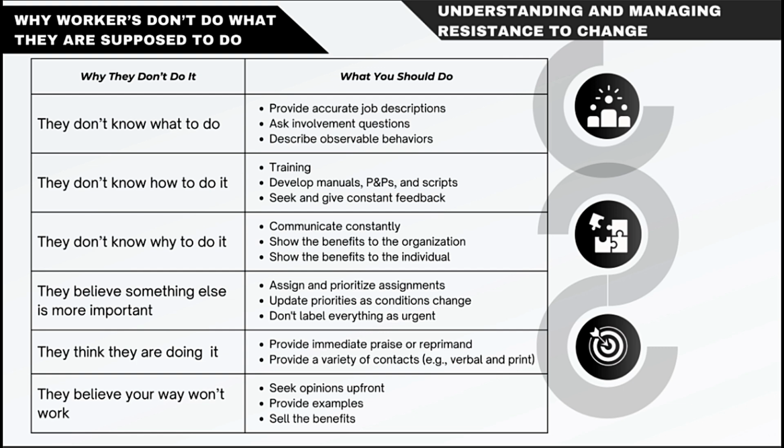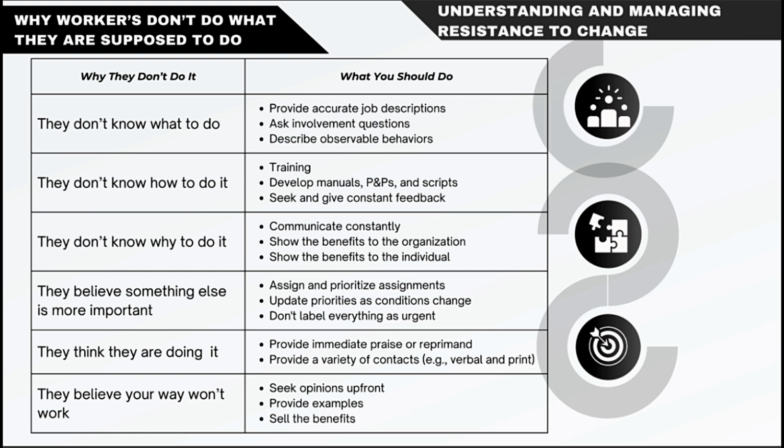For the fourth, when workers believe that something else is more important than the task assigned to them, it can lead to them neglecting their responsibilities. To address this, managers should assign and prioritize assignments effectively. This involves clearly defining the importance and urgency of each task, ensuring that employees understand which tasks are top priorities and need immediate attention.